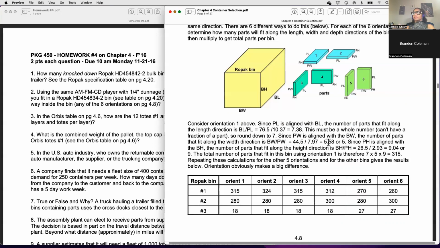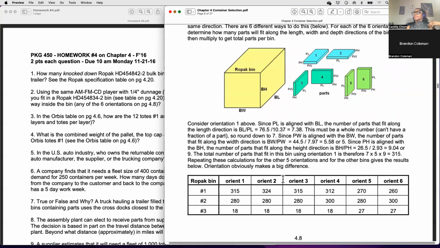So here you've got 7 parts along the length, 5 parts along the width, and 9 parts in the height. So 7 by 5, 35 times 9 high is going to equal 315. So according to this, you can get 315 of these into a roll pack bin.